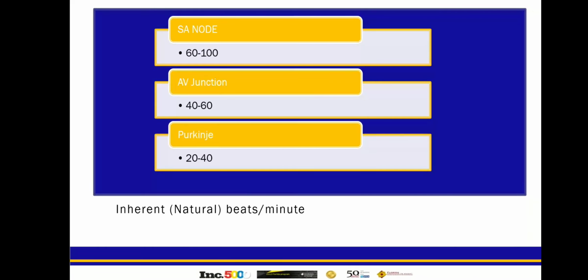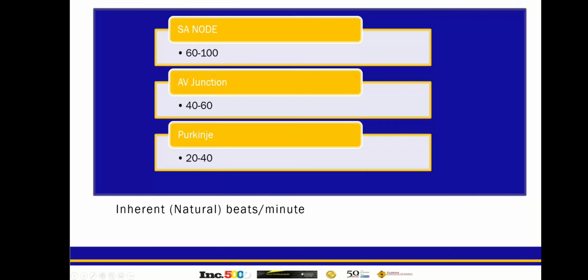This next slide tells us about how the heart is innervated by pacer cells that are capable of initiating electrical impulses. The cells in the heart have inherent rates. In other words, this is where they feel comfortable, where they function. When the SA node is the one creating the electrical impulse in the heart, basically the boss that's giving the commands, the SA node's inherent rate in an adult is 60 to 100 beats per minute, where the AV node's inherent rate is 40 to 60, and the Purkinjes are 20 to 40.